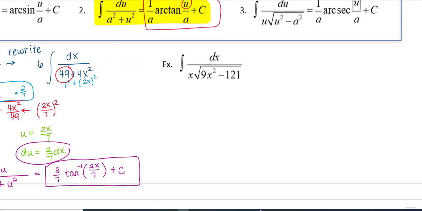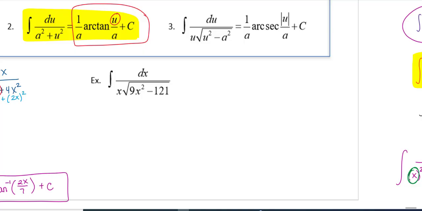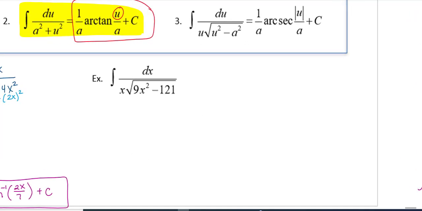So this one is going to be derived from our inverse secant, or arcsecant. Some people prefer to write arcsecant instead of inverse secant. Again, if we ever mean to reciprocate a trig function, we would write it as its reciprocal name.